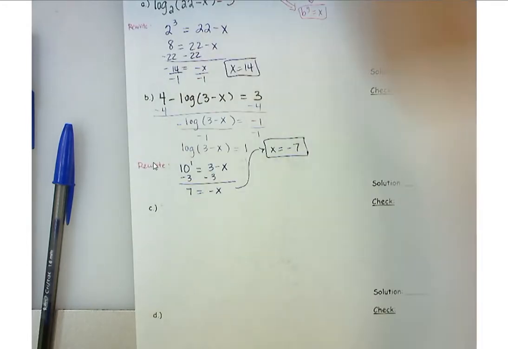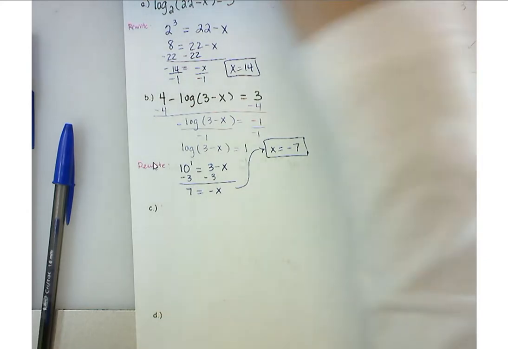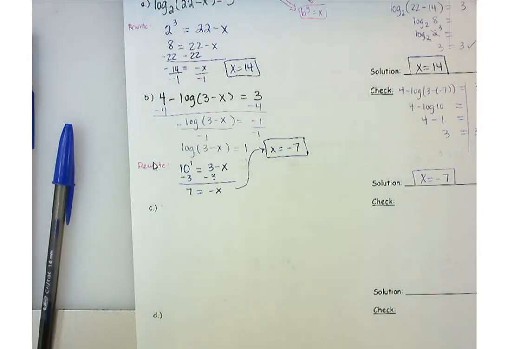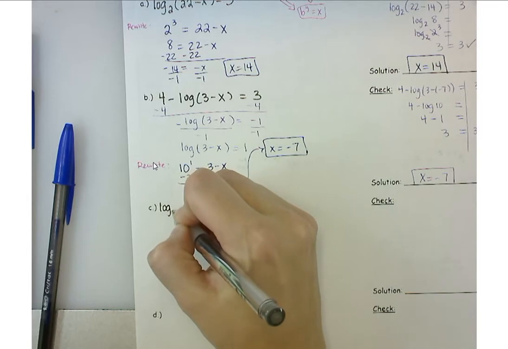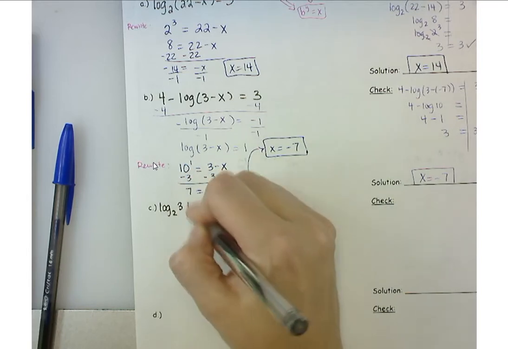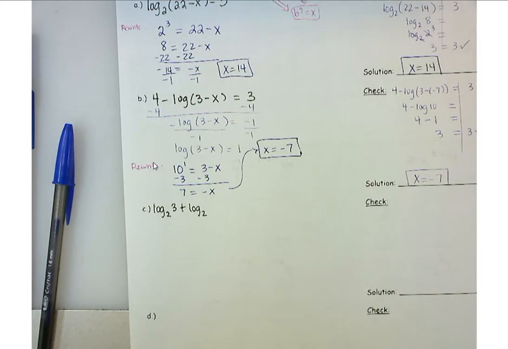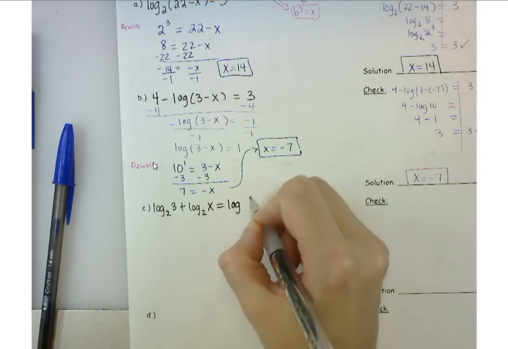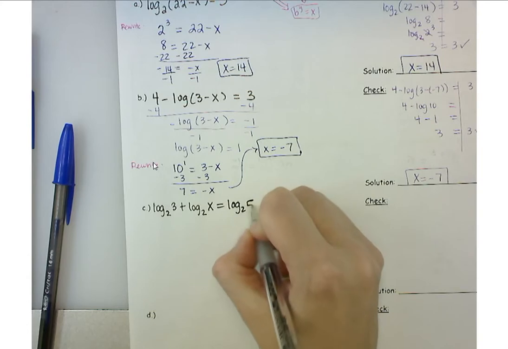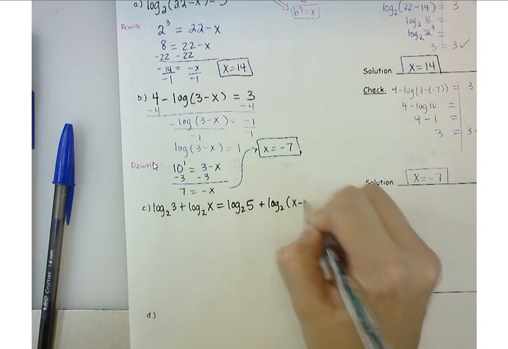Okay, our next one is log base 2 of 3 plus log base 2 of x, and that's going to equal log base 2 of 5 plus log base 2 of x minus 2.